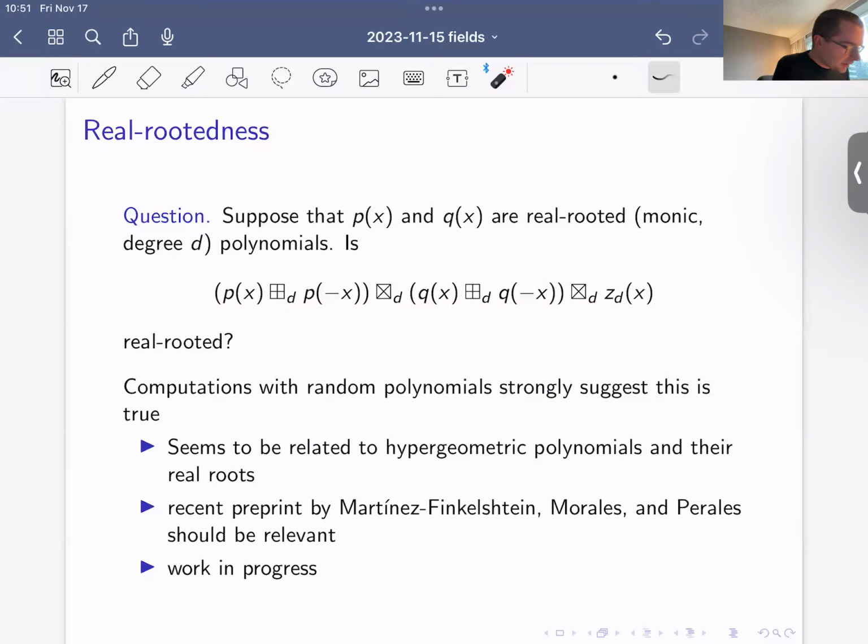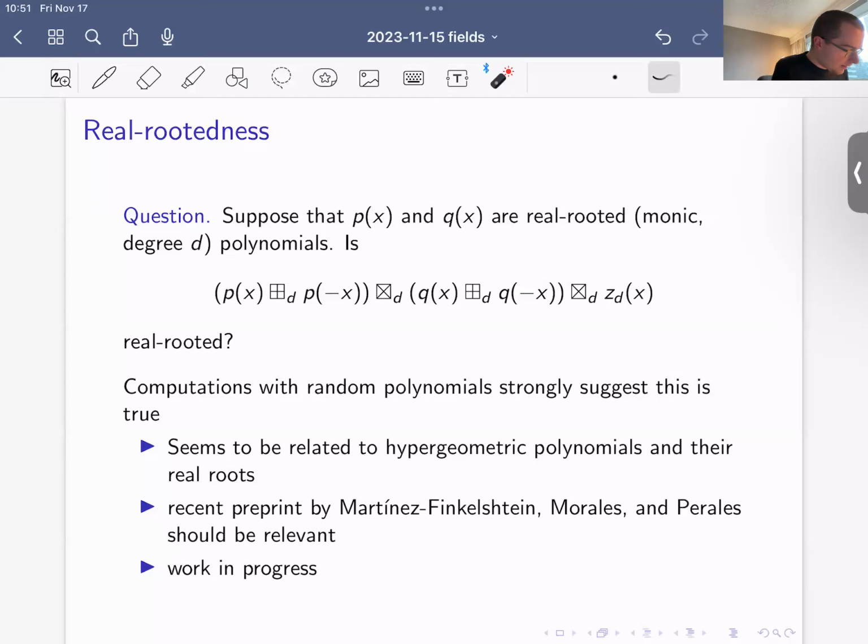I've done a lot of computations in Sage with random polynomials, which strongly suggest that this is real rooted. I don't know how to prove it, though. That's still a work in progress.